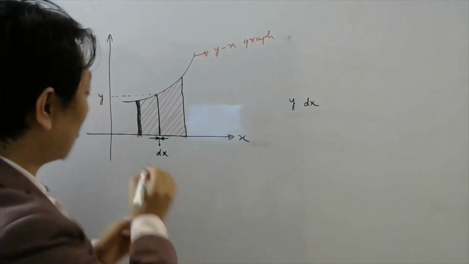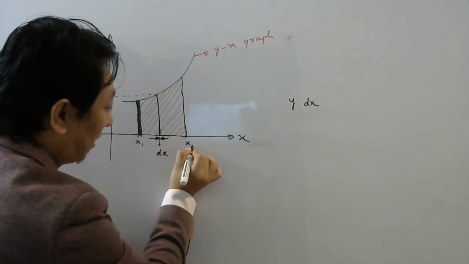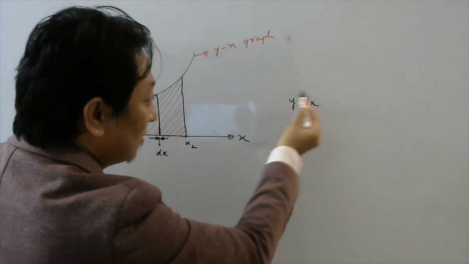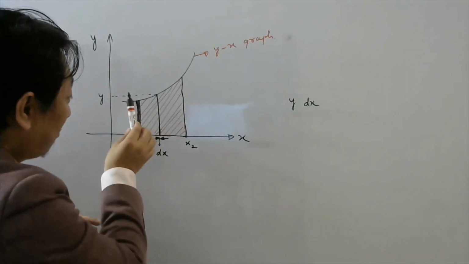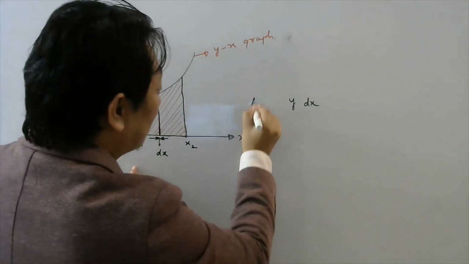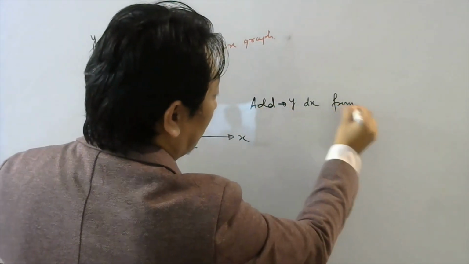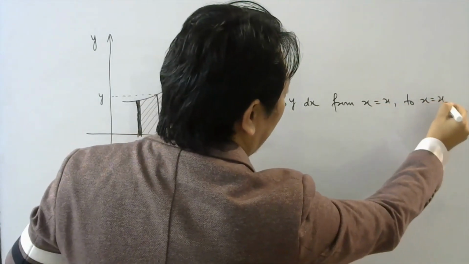So let's say this point corresponds to x1 and this point corresponds to x2. Okay, so I have to add the area of these thin rectangles, starting from this rectangle till I reach here. So I have to add this from x equals x1 to x equals x2.